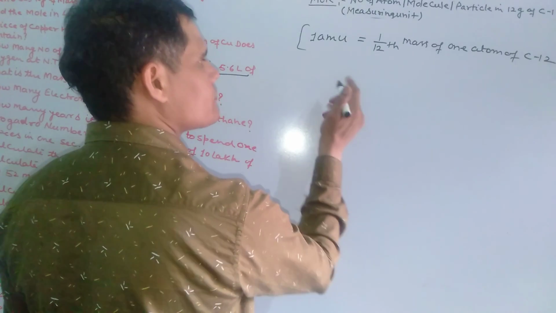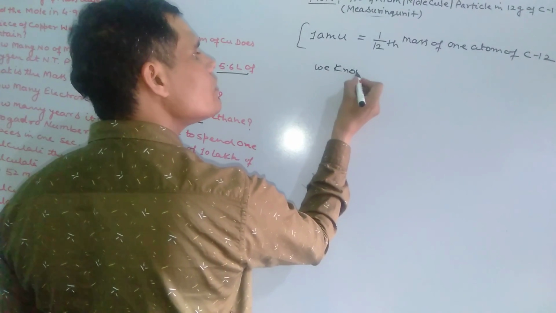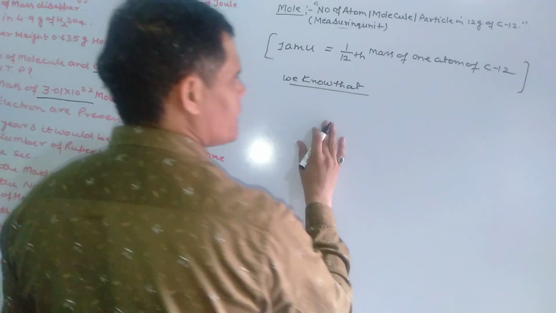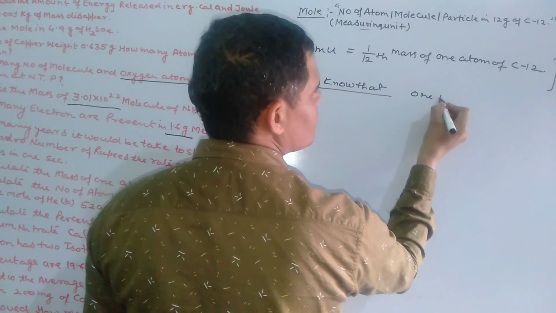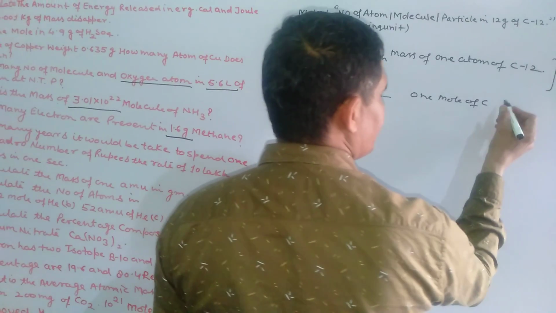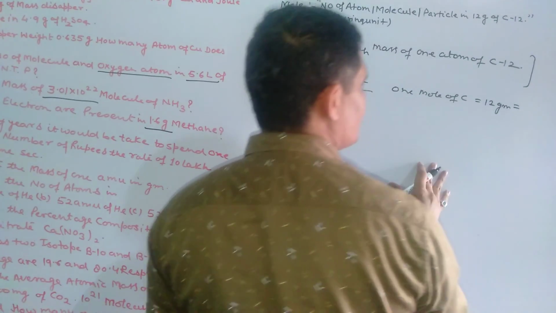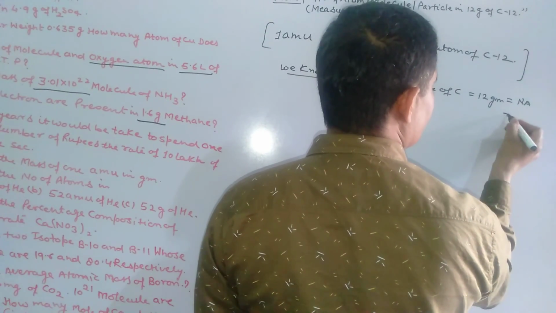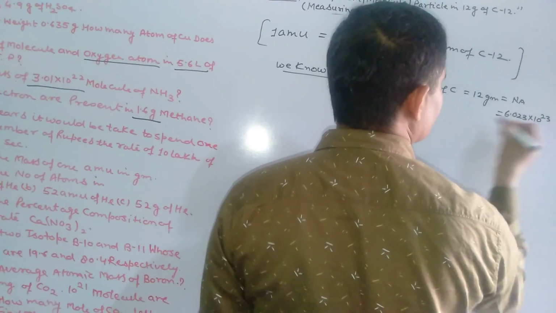Next one, we know that 1 mole of carbon equal to 12 gram equal to Avogadro number, means 6.023 into 10 to the power 23.